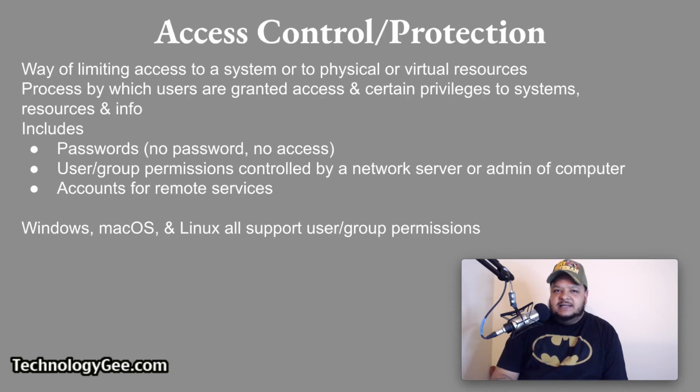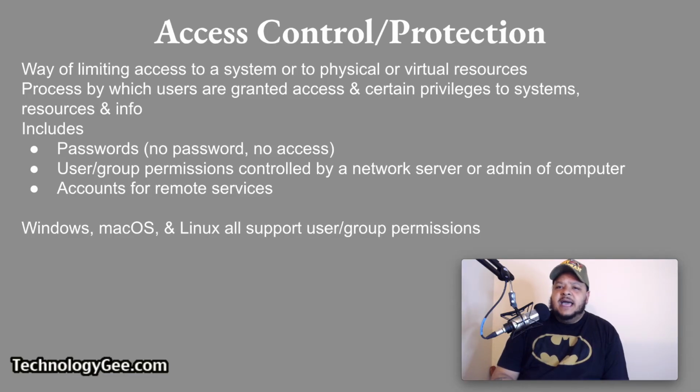Let's talk about access control protection. Access control is a way of limiting access to a system or to a physical or virtual resource. In computing, access control is a process by which users are granted access and certain privileges to systems, resources, or information.